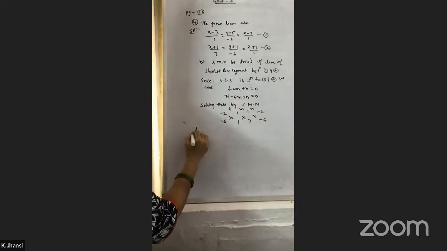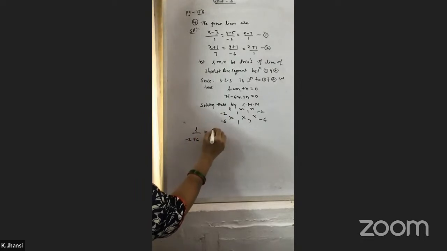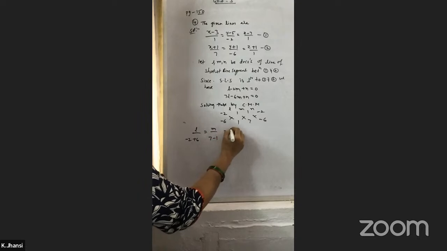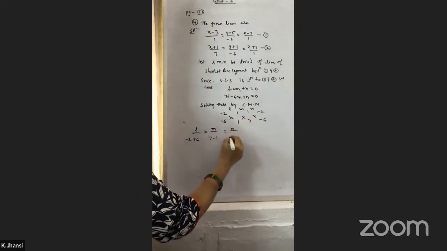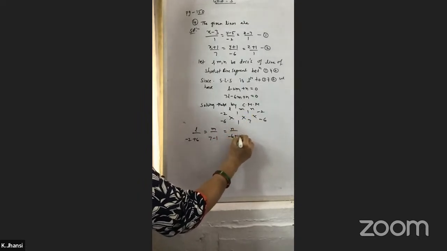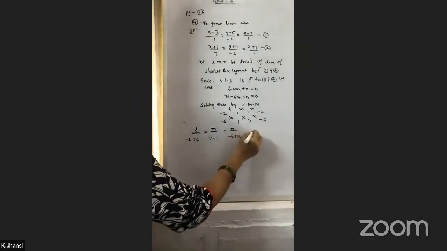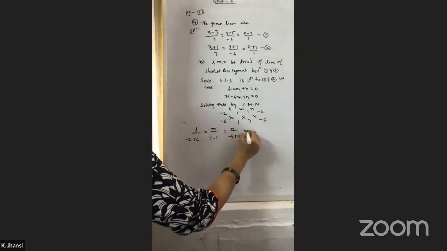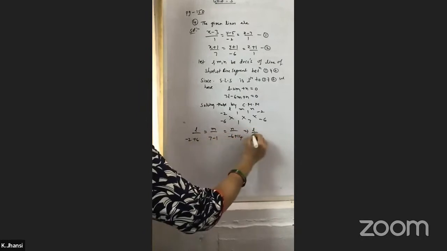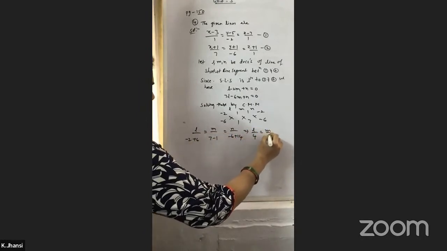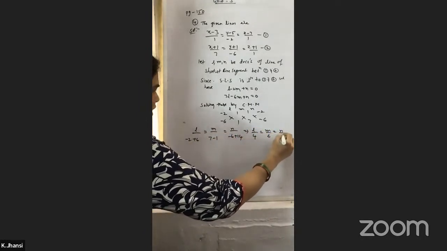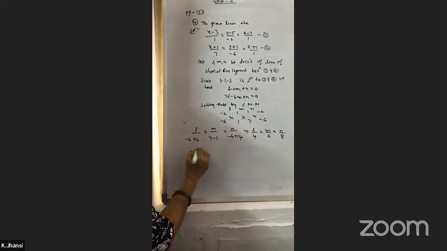So l/(−2 + 6) = m/(7 − 1) = n/(−6 + 14). So you will get l/4 = m/6 = n/8.